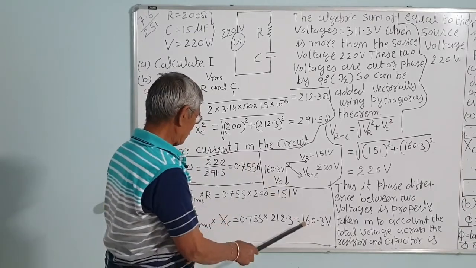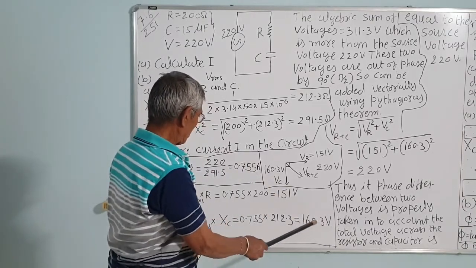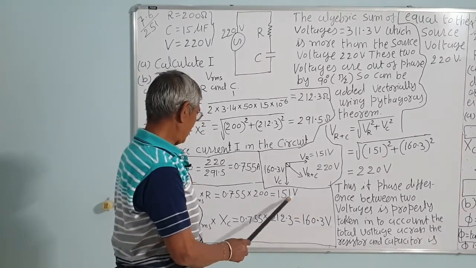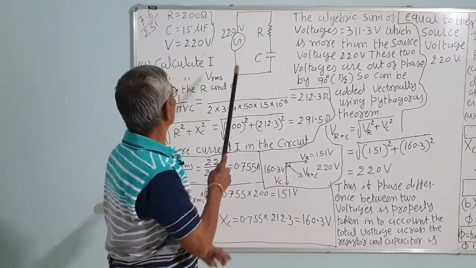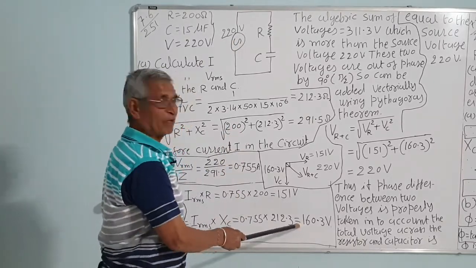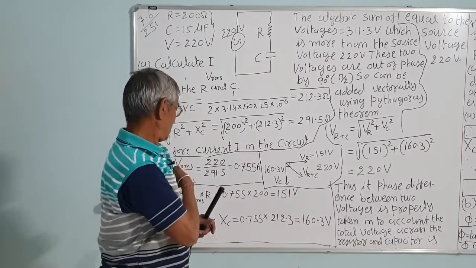So total voltage we see, 160.3 and 151, that is 311.3, that is more than the source voltage. So they are not added algebraically, but they are out of phase.